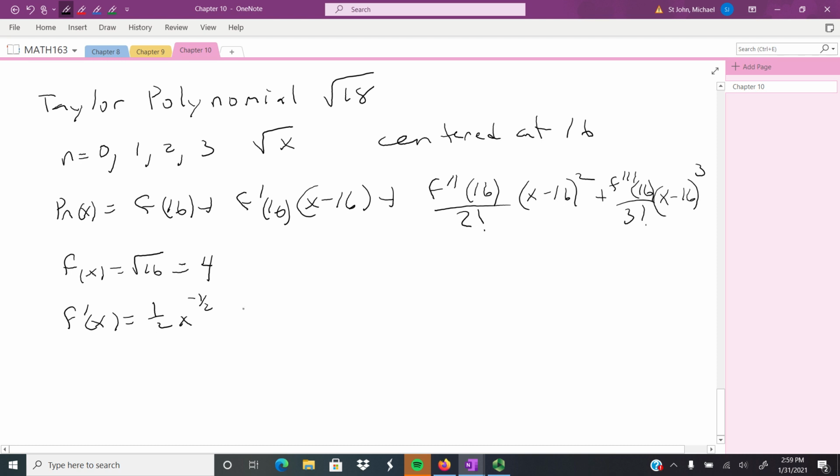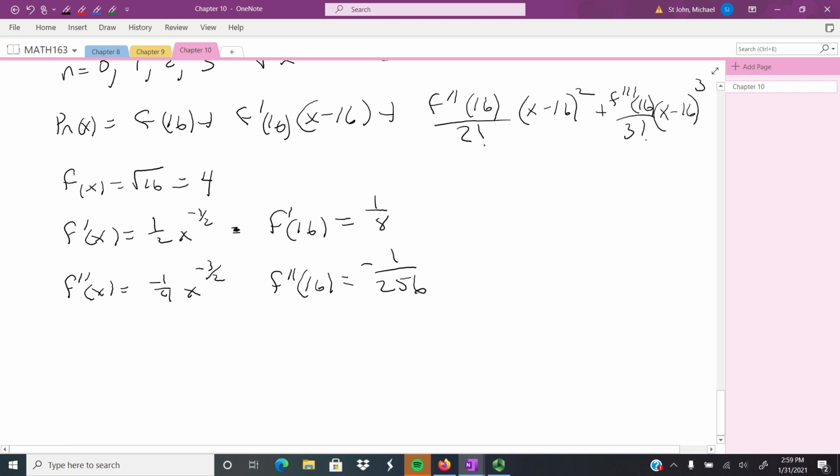And so the derivative evaluated at 16 is going to be 1 over 8. And then the second derivative is going to be minus 1/4 x to the minus 3/2. So the second derivative evaluated at 16 is minus 1 over 256.